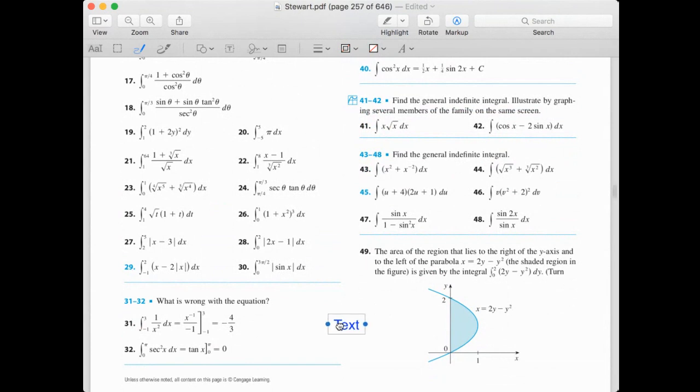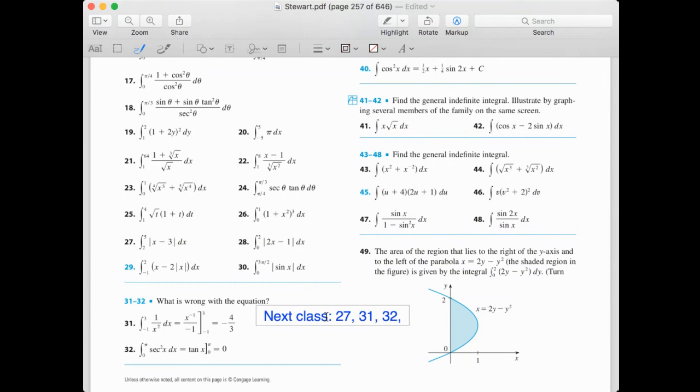Okay, so for next class, 31, 32. But let me also choose a couple from before. 27. Be careful with 27. 27 is an absolute value function, right?